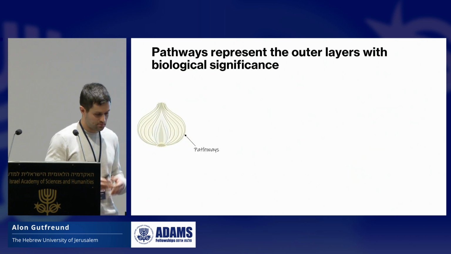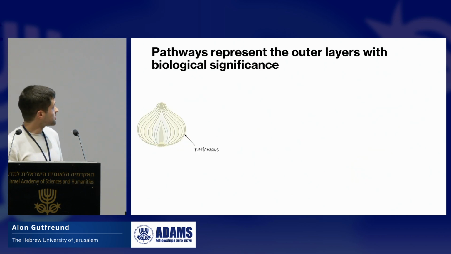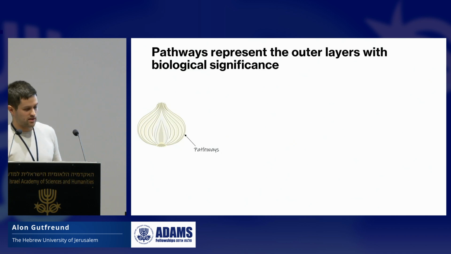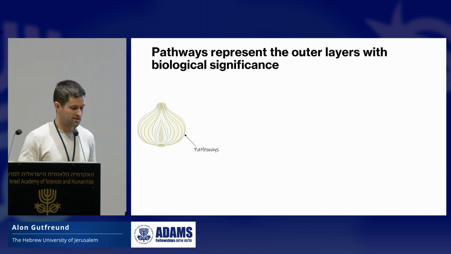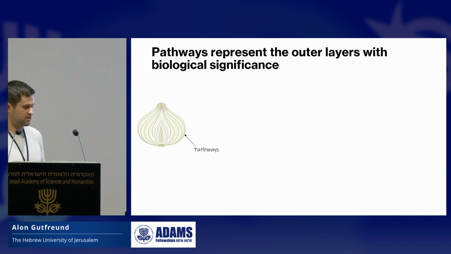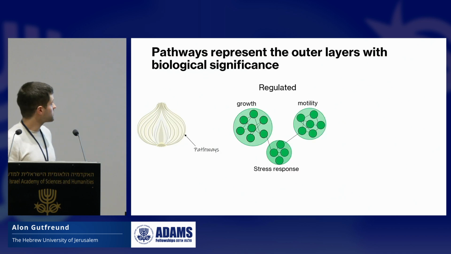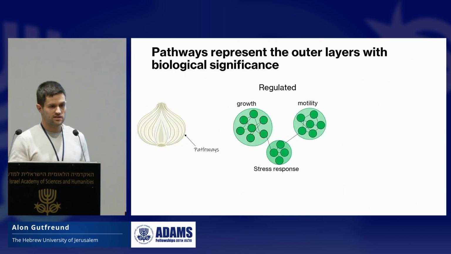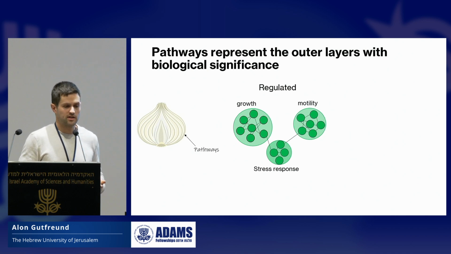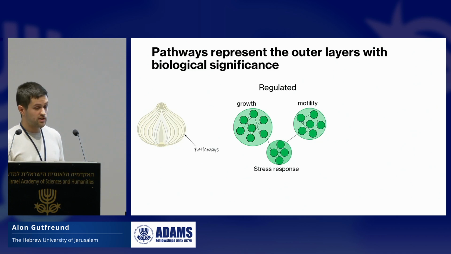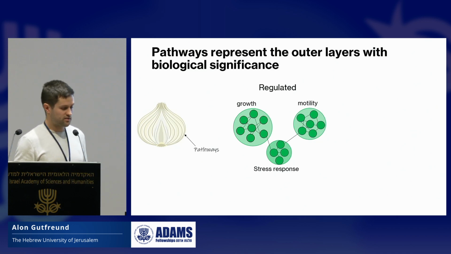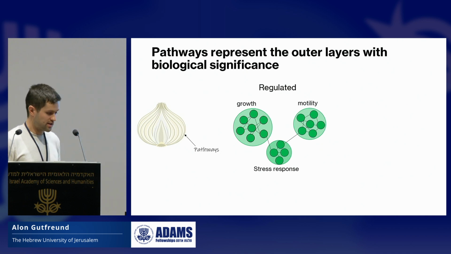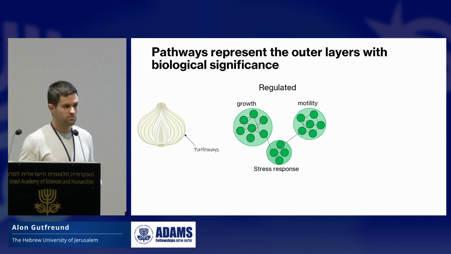And to complete this picture, I just want to talk about the outer layers of this onion, which I stress represent the biological pathways. So what are these pathways? These are basically clusters of genes which are supposed to provide some specific biological function. When we look at cells that undergo a regulated stress response, we see that these pathways are activated very coherently, in a very well-behaved manner.